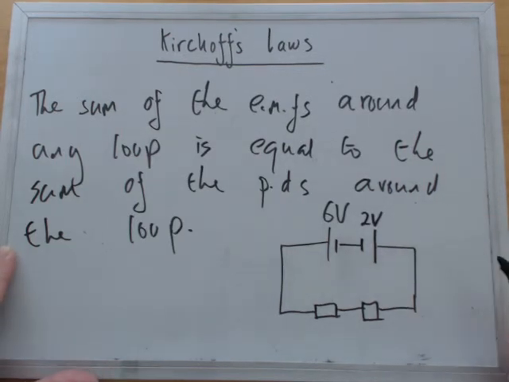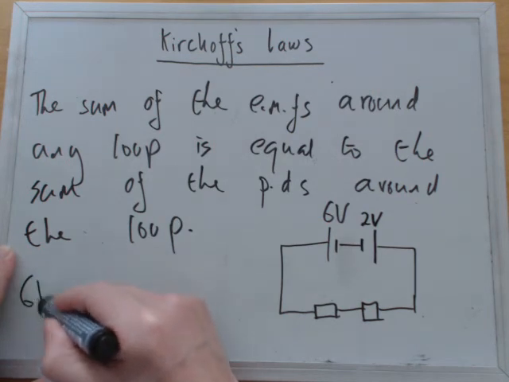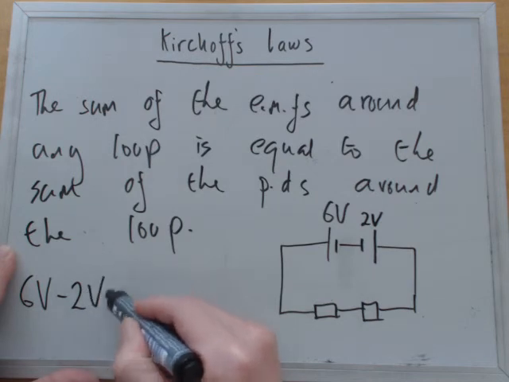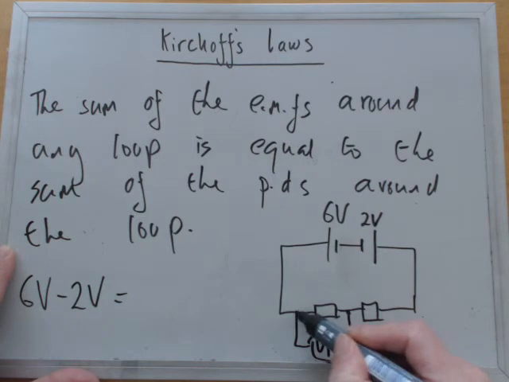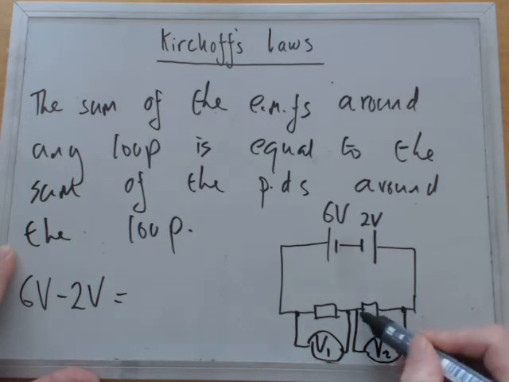So the sum of the EMFs around any loop, well, here's a loop, so that's 6 volts minus 2 volts, because the minus is in the opposite direction, okay, will be equal to the potential drop here, V1 plus V2.